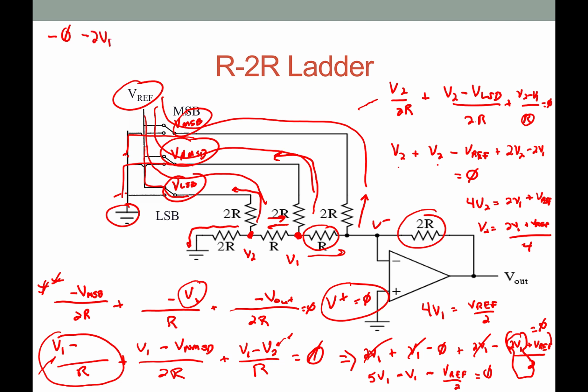And then minus V out over 2R multiplied by 2R is going to be minus V out. And that's equal to 0. Okay, so V out is going to be equal to 2V1, which is equal to 2 times V1, which from this equation right here, notice V1 is Vref over 8.